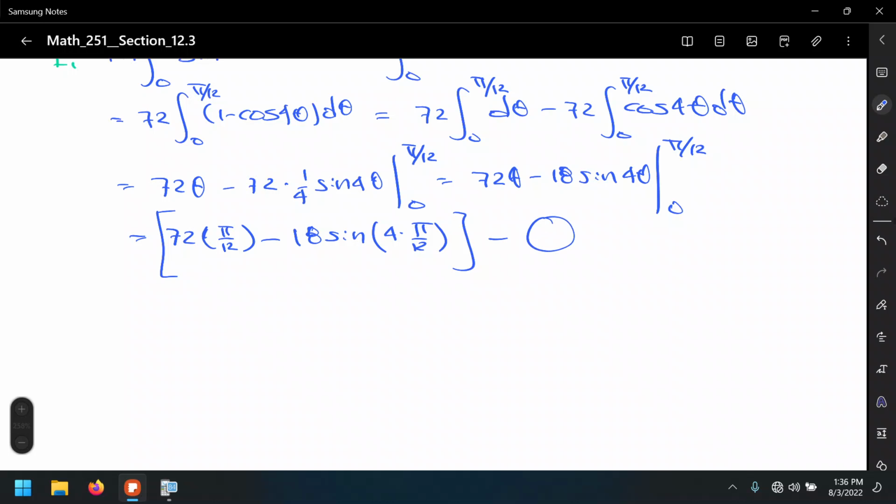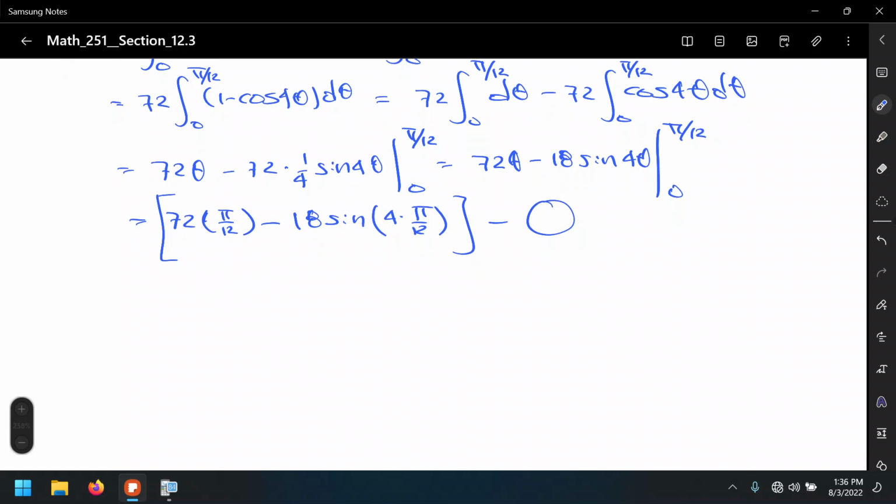So that's fine. This notation is fine if you do it on the exam or anywhere. And 72 over 12 is 6, so 6 pi. And then we have 4 over 12, which is pi over 3, so minus 18 sine of pi over 3. Pi over 3 is 60 degrees, and sine is root 3 over 2.